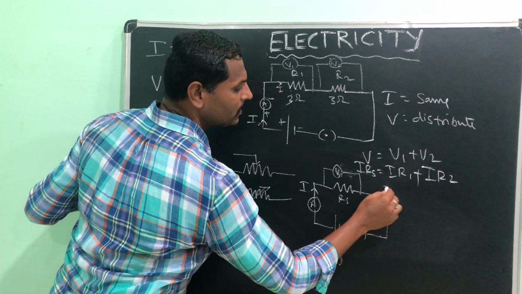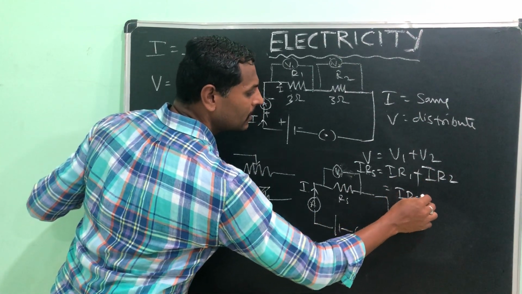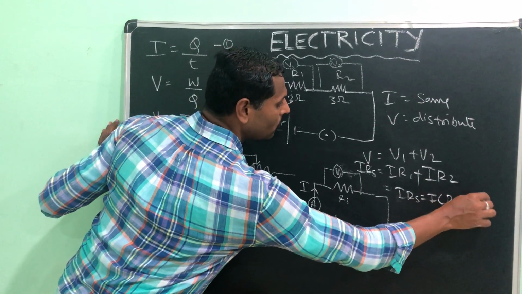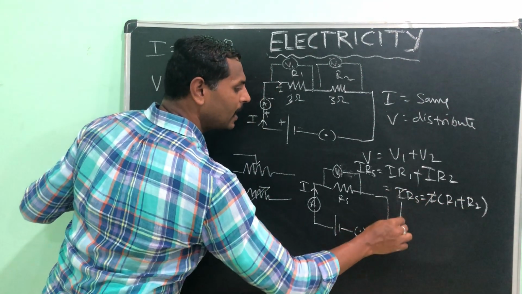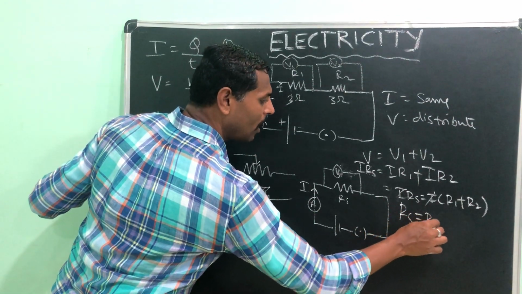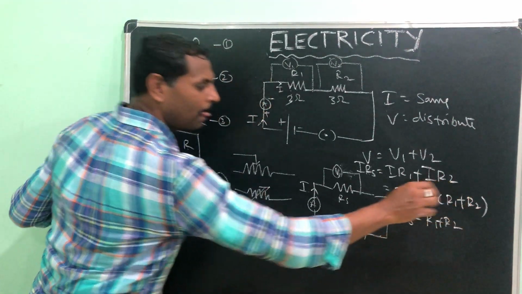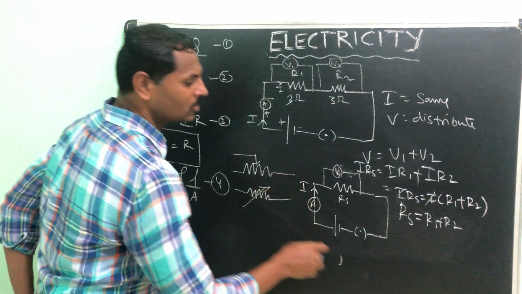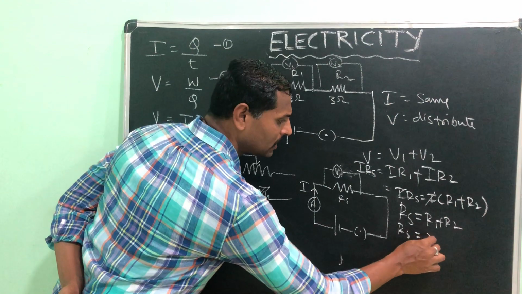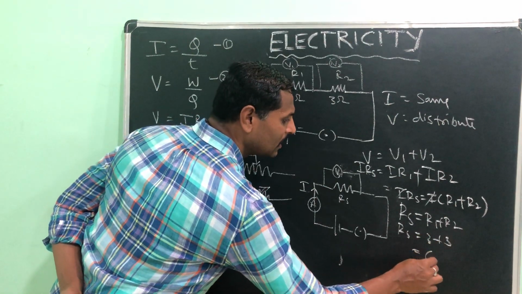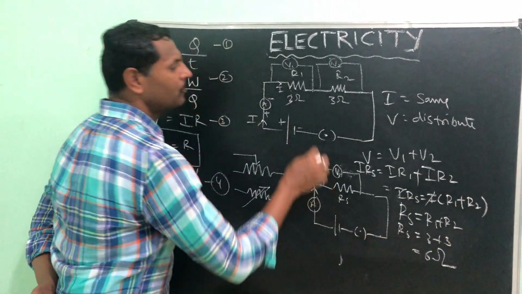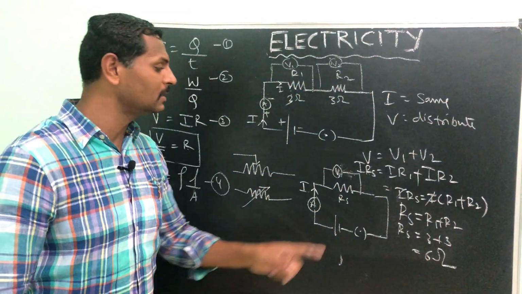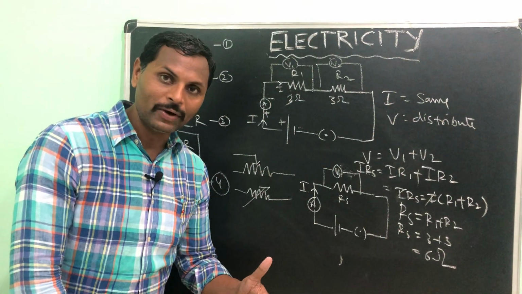I is common in this, so simply take I as common: I times R1 plus R2. So I gets cancelled, and RS is equal to R1 plus R2. That means the net or effective resistance is RS equal to 3 plus 3, how much is it? 6 ohm. So if you want to replace those two with one single resistance, that would be 6 ohm only.